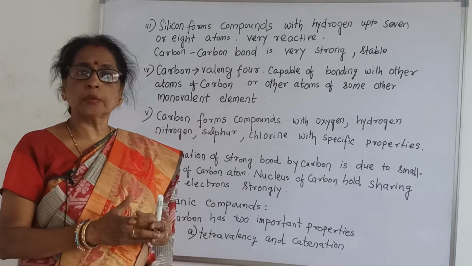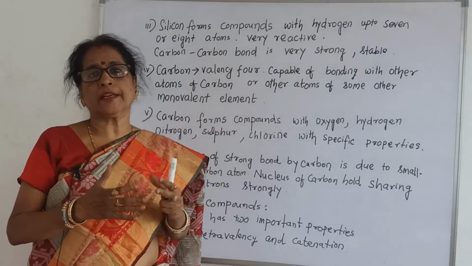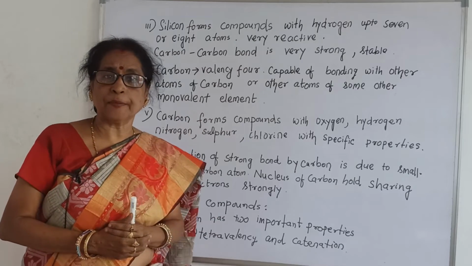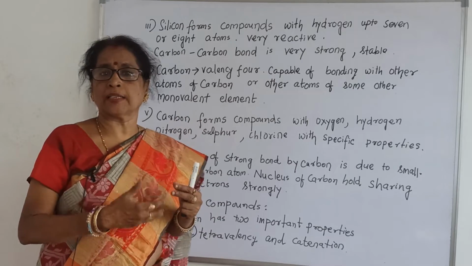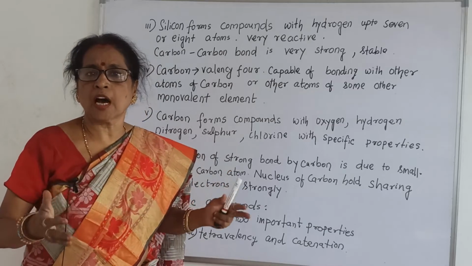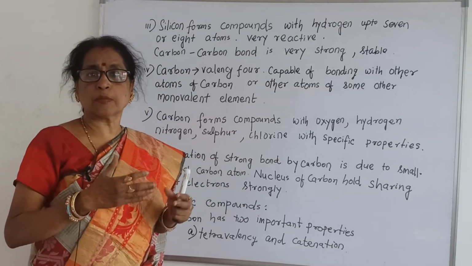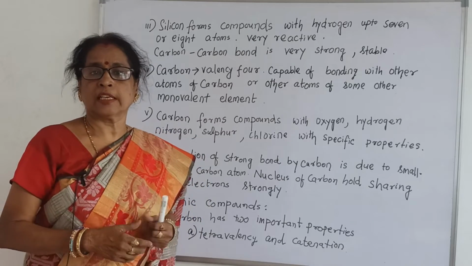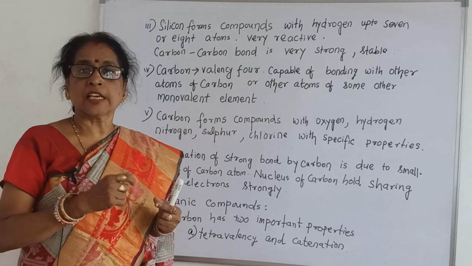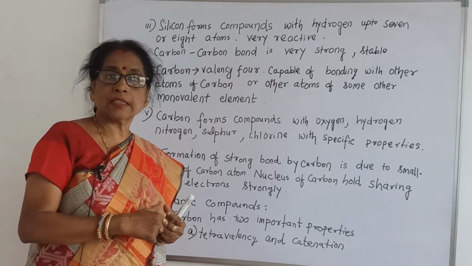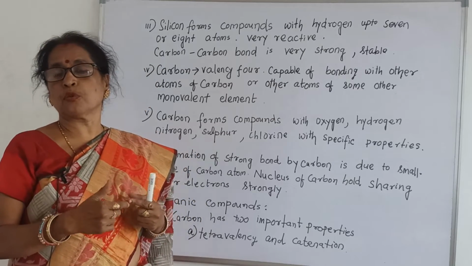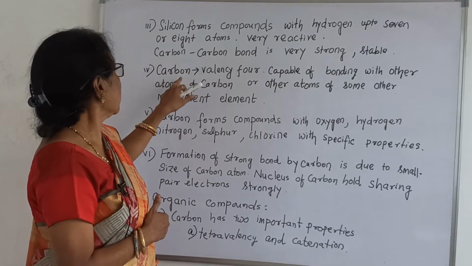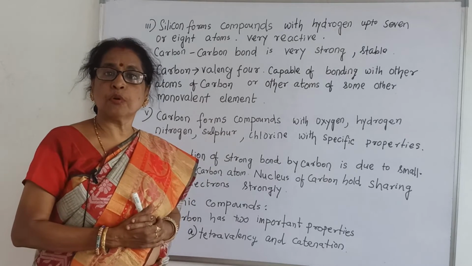It is only up to 7 or 8 atoms of silicon, and they are very reactive. But carbon forms a large number of molecules of carbon and hydrogen having single bonds, which are very stable, whereas silicon forms many compounds with hydrogen and they are very reactive. Now, the valency of carbon, you should know, is 4.